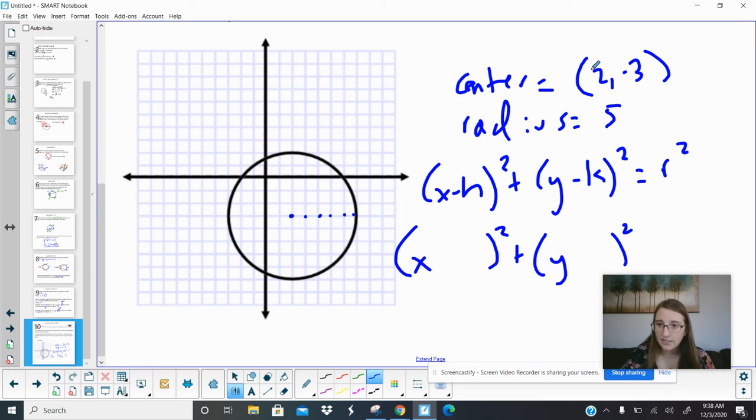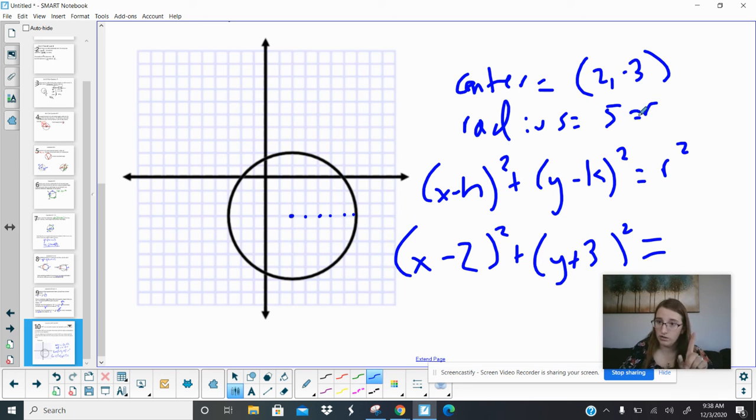So if I see a +2 here as my center, I need to make it a -2. If I see a -3 here, I need to make it a +3. So again, if we are pulling them out of the parentheses or putting them back into the parentheses, we need to change the signs.